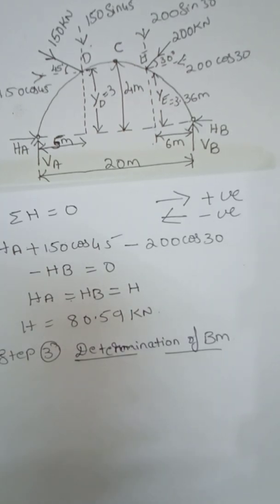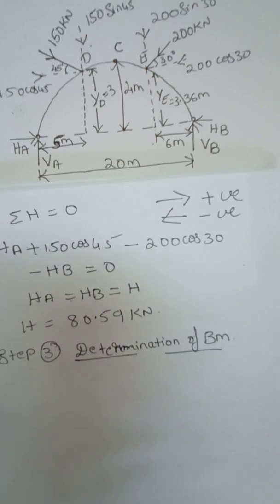Why at the loaded points? Because in the question they have asked to determine the maximum bending moment, and the maximum bending moment will be occurring at the loaded points itself. So we have exactly the two loaded points.